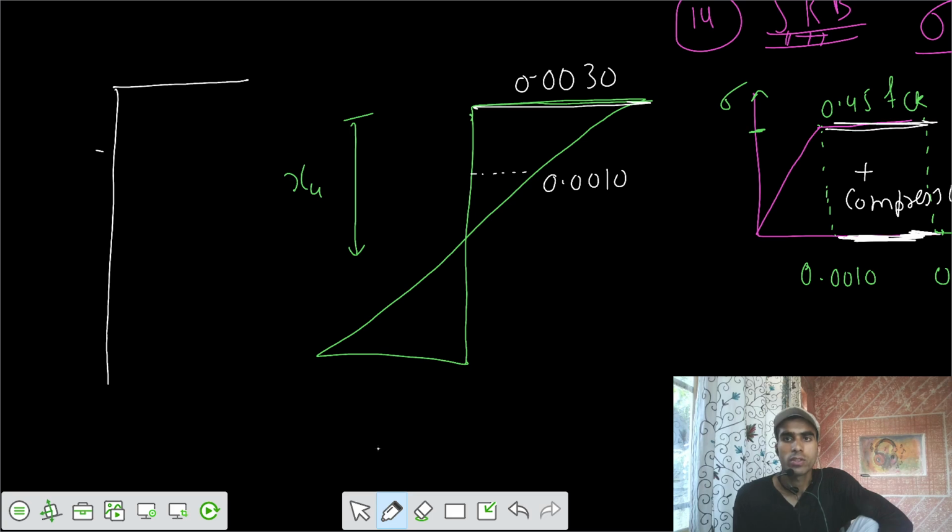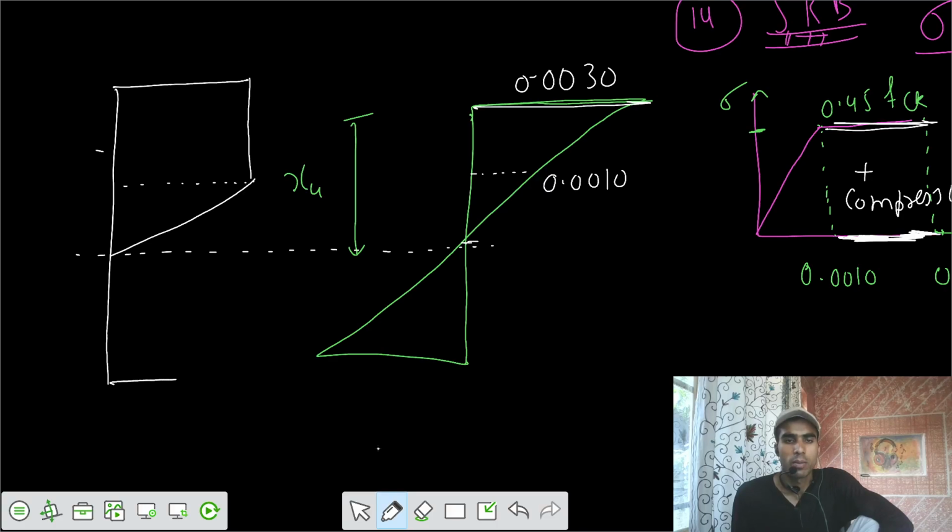We can have a stress that is constant, up to this strain value of 0.0010. After that there is a linear variation of stress up to the neutral axis. Finally it becomes 0 at the neutral axis.